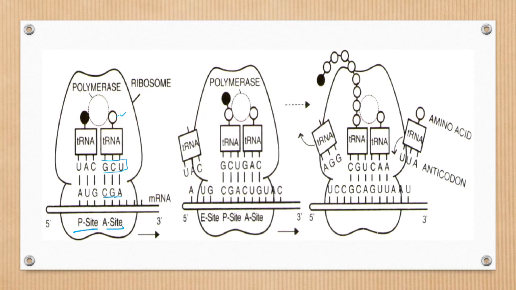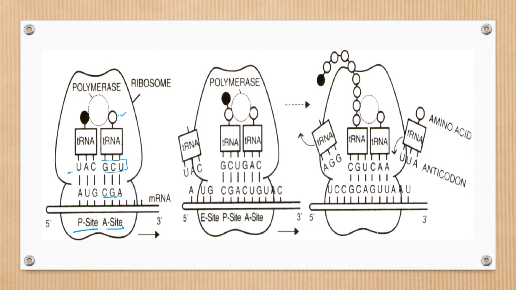Okay. So now when it brings another amino acid, this tRNA is shifted to the P site and the A site becomes vacant. Then again tRNA brings another amino acid.